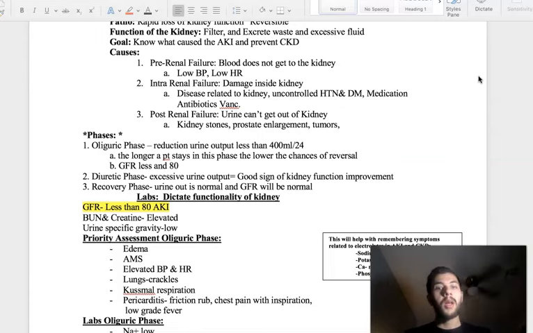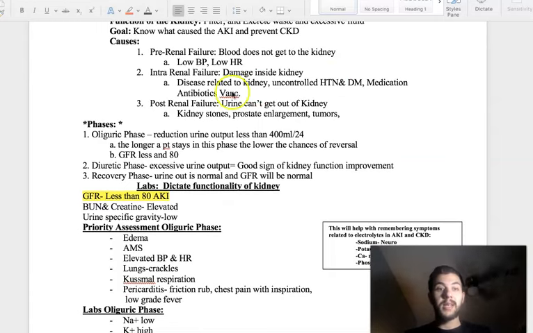Okay, there's three phases. The most important phase is the oliguric phase, which is basically reduction in urine output, which is less than 400 ml per 24 hours, or 30 ml per hour. The GFR is going to be less than 80.